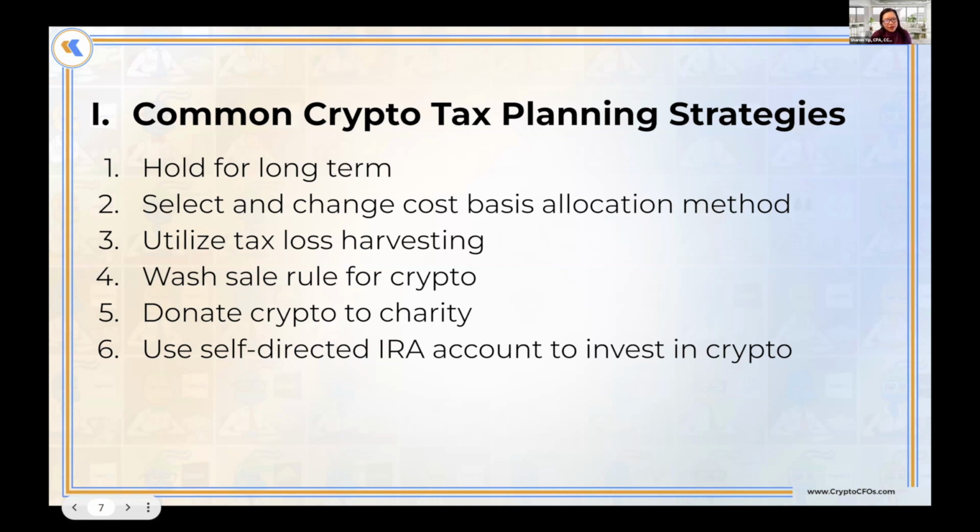And 3, utilize tax loss harvesting to offset capital gains. 4, to take advantage of the wash sale rule for crypto. 5, donate crypto to charity. And number 6 is use self-directed IRA account to invest in crypto.